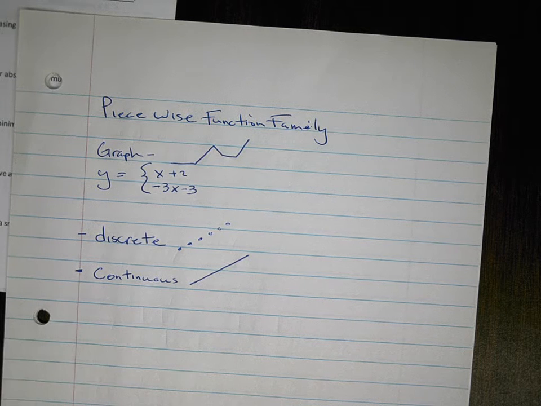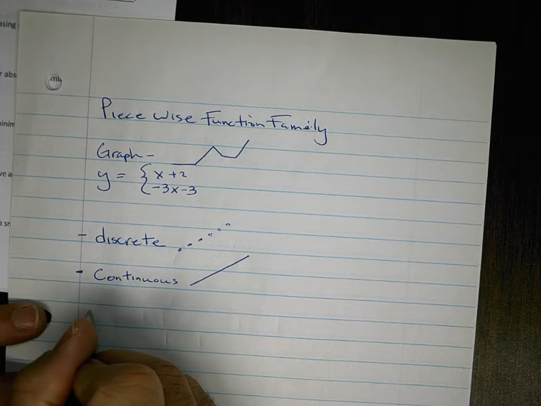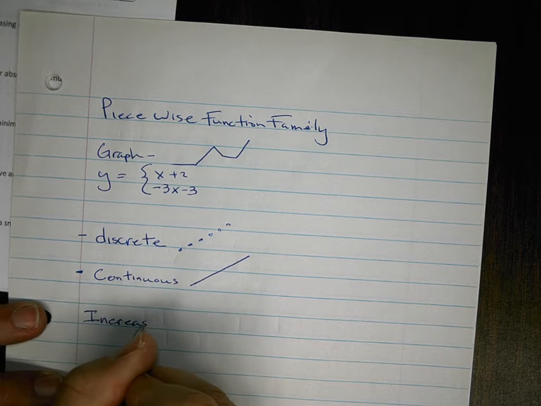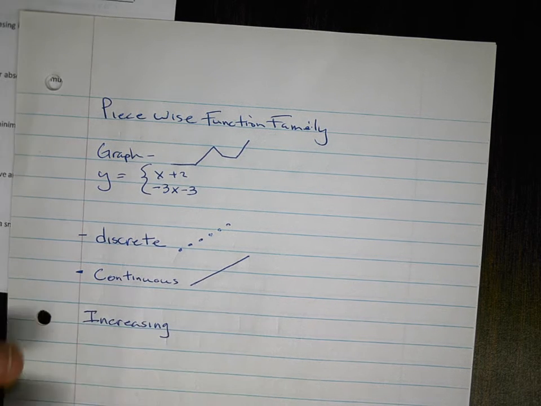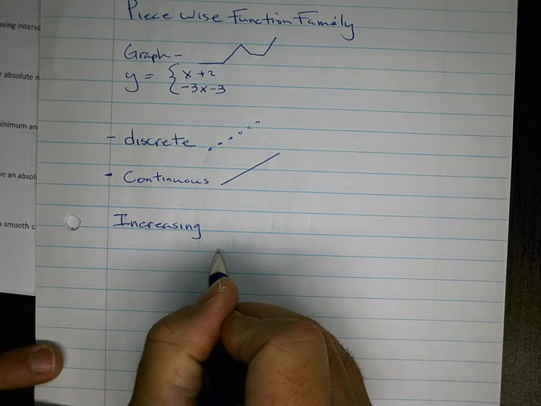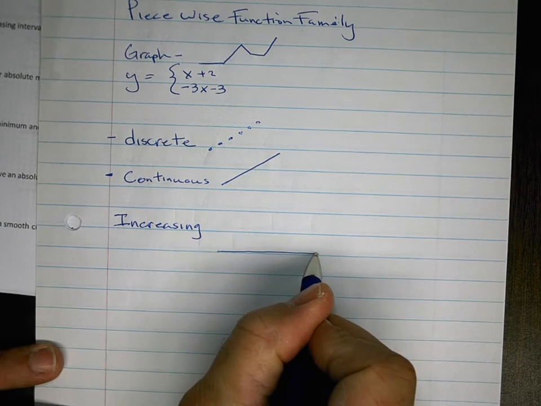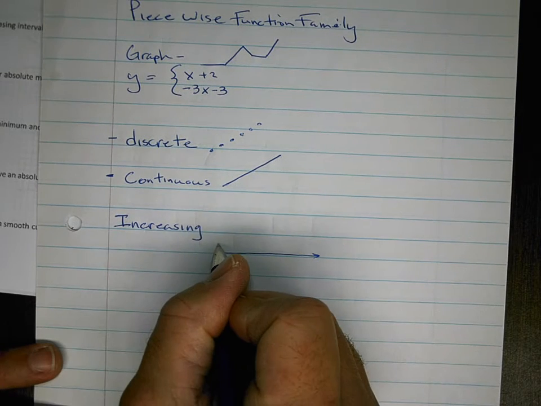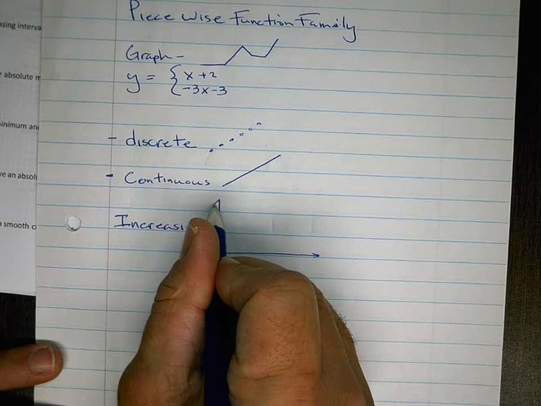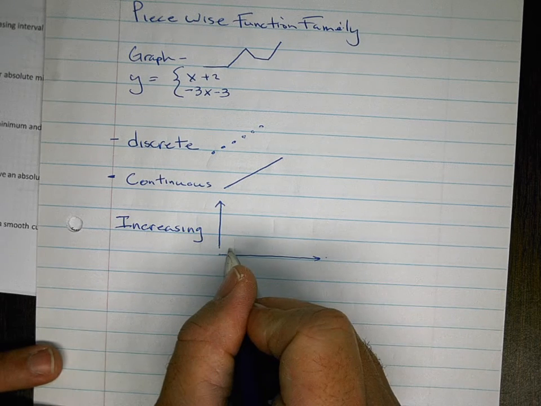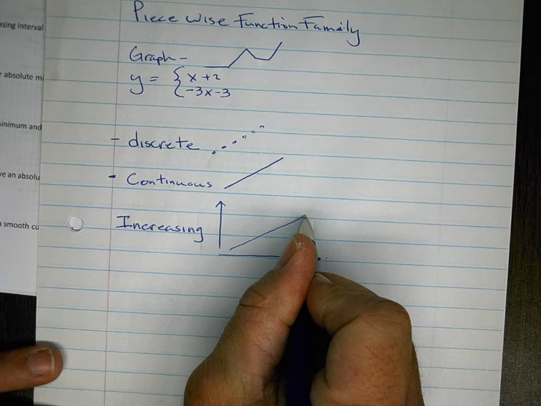So the other thing is a graph can be increasing. And when we talk about increasing, we are always talking from left to right. The other way of saying it is, as x gets bigger, y gets bigger. This would be an increasing continuous graph.